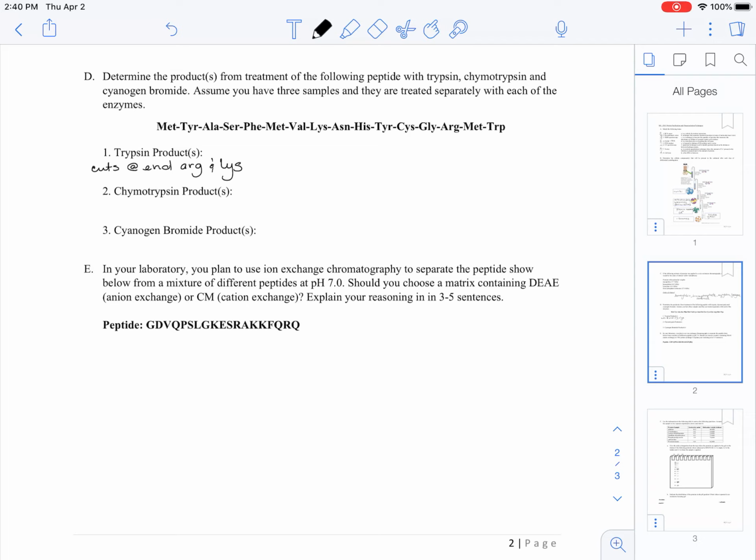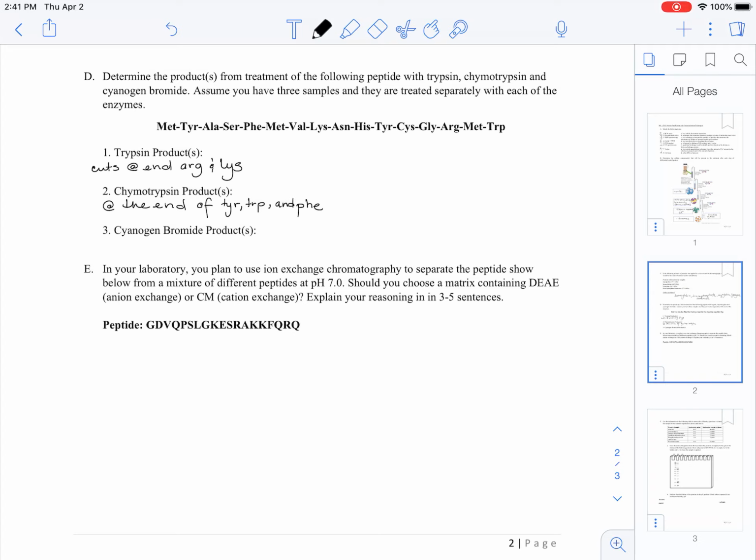Chymotrypsin, on the other hand, is going to be cutting at the end of any of the amino acids that contain aromatic residues. So it could be tyrosine, tryptophan, and phenylalanine.